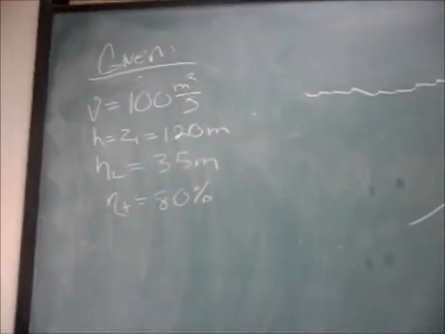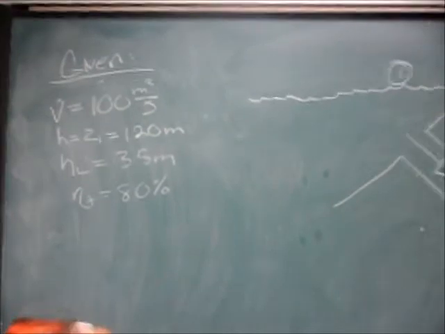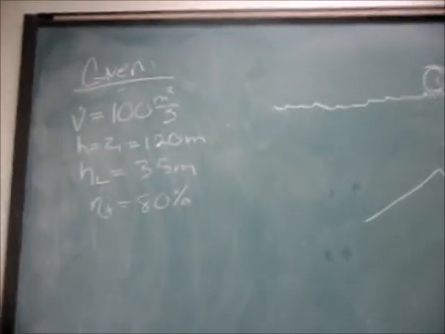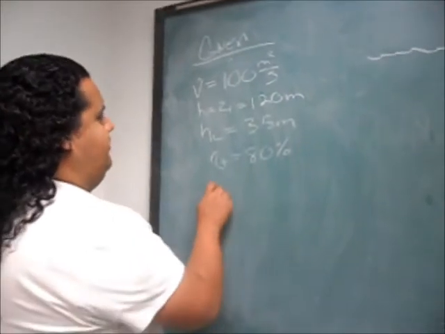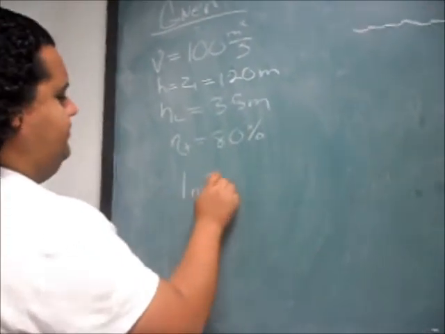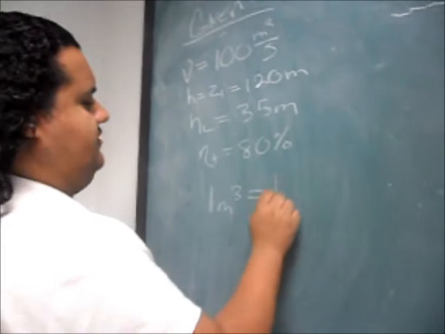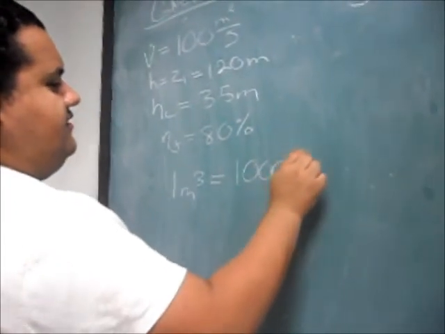In order to start this problem, we have to convert the volumetric flow rate into mass flow rate. And in order to do that, we know that 1 meter cubed of water equals 1,000 kilograms.